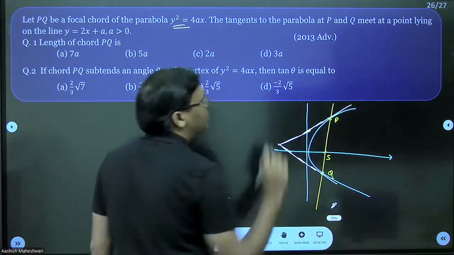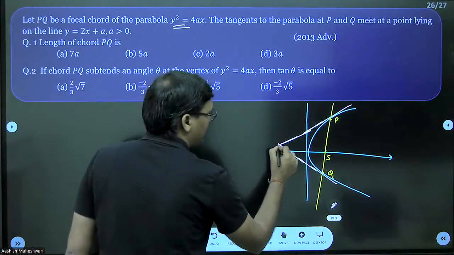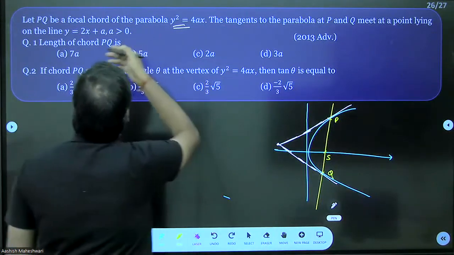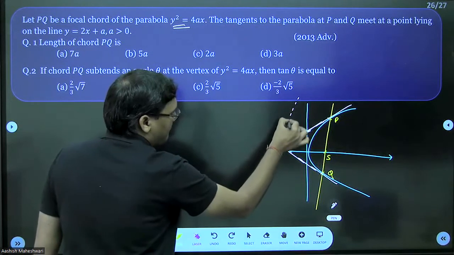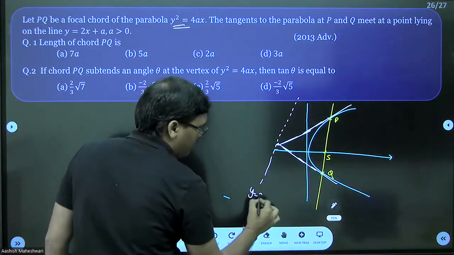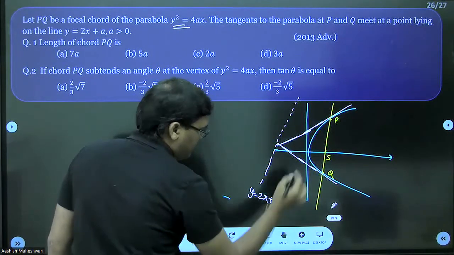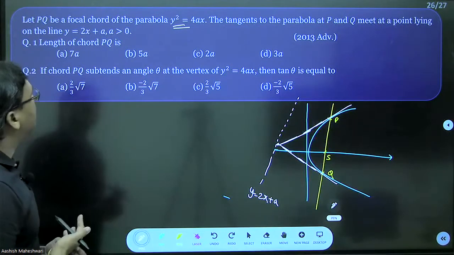Tangents at P and Q intersect at a point lying on some line. Okay, this point is lying on the line y is equal to 2x plus a. It will be some line like this. I am drawing 2x plus a randomly. Okay.